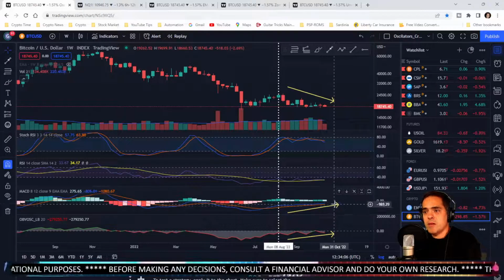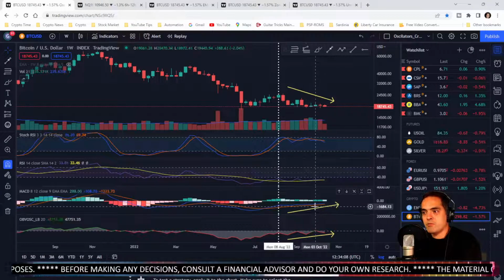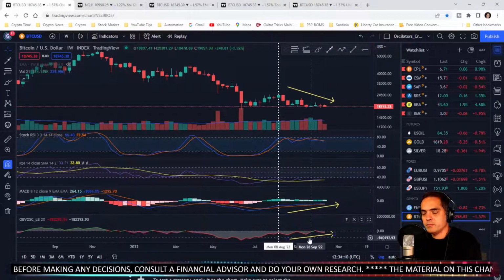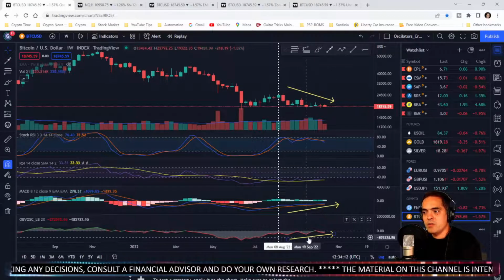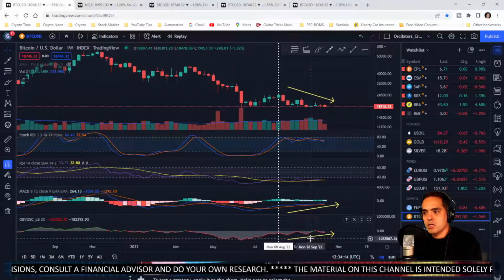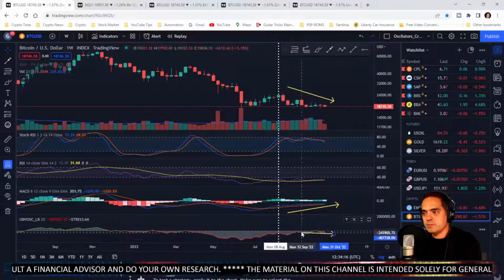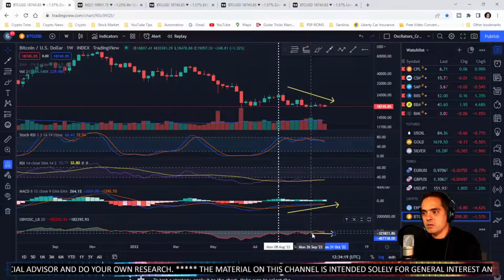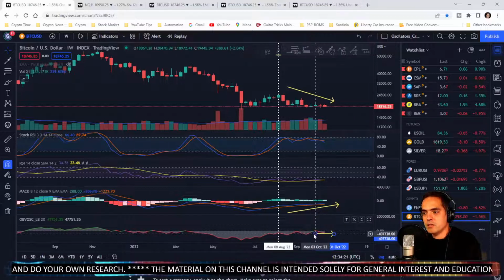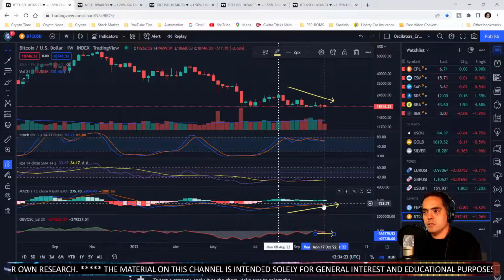Then we have the MACD almost flattening here, and the OBV doing the same thing right now. The OBV is trying to get flat, same with the MACD.